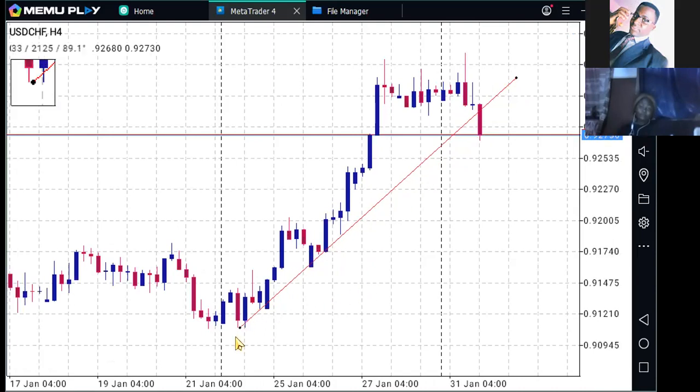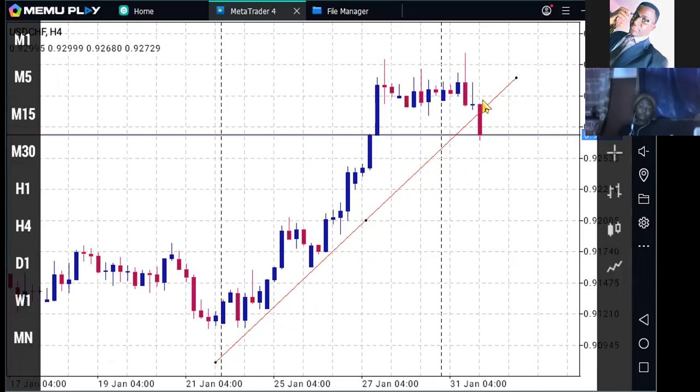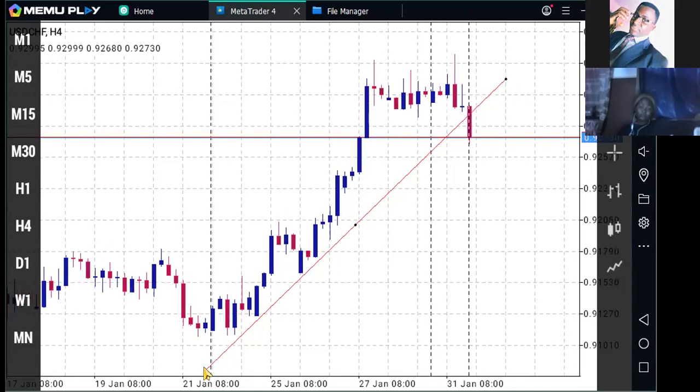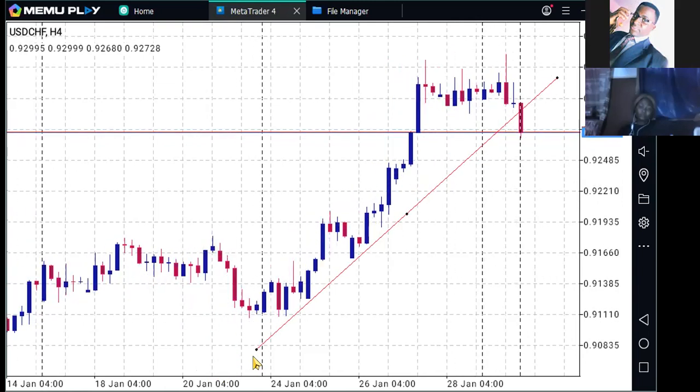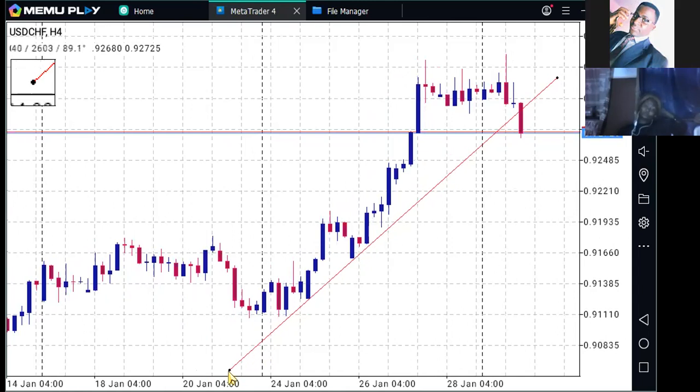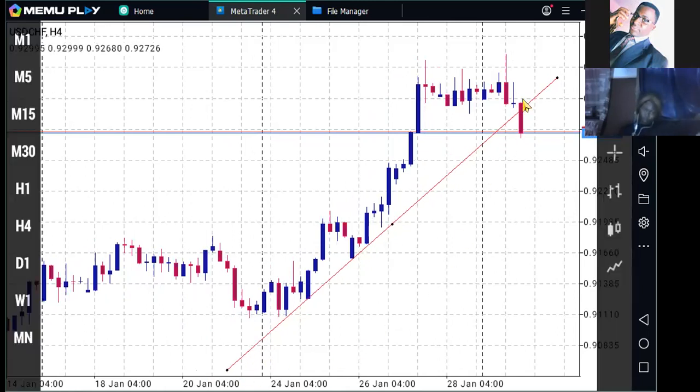Right here, I'm seeing that the market has violated the trend line. There's a violation there. So we could be looking at this market dropping further.